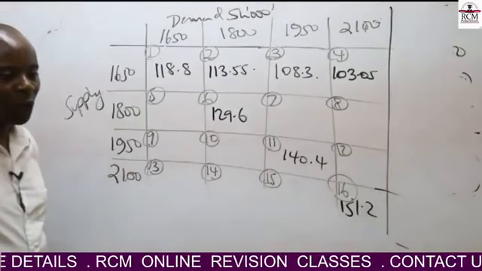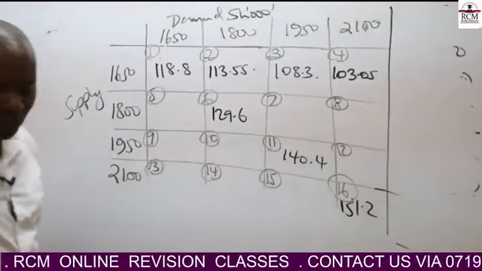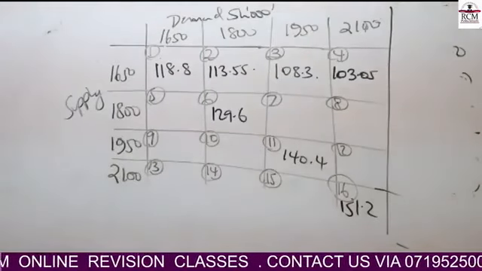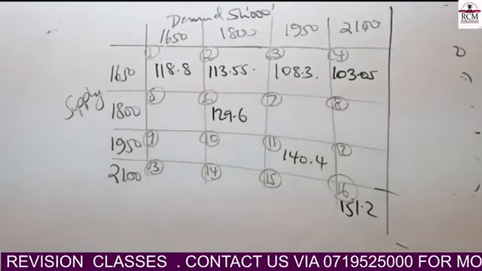I'm waiting for you to give me the profit of cell number 5. Please give me the profit of cell number 5. Talk to me. Cell number 5, what do we have?